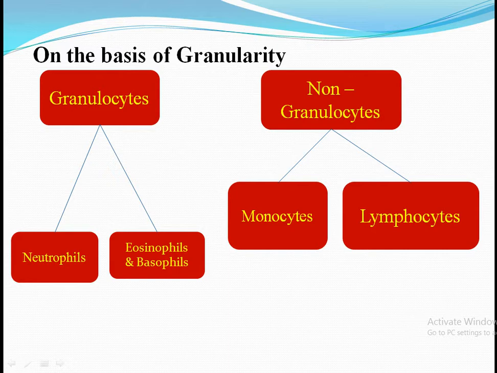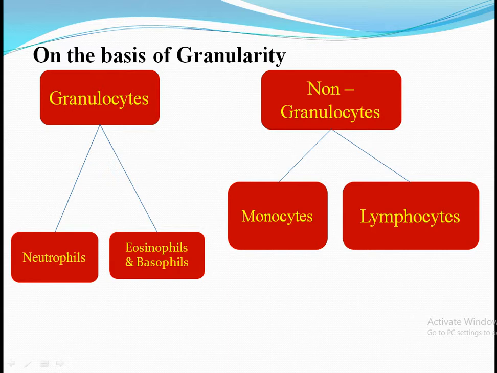The first way through which we can classify them into two main classes is on the basis of granularity. That is, in the cytoplasm of these cells, the granules are either present or not. In some types of the WBC, granules are present, in others they are not.